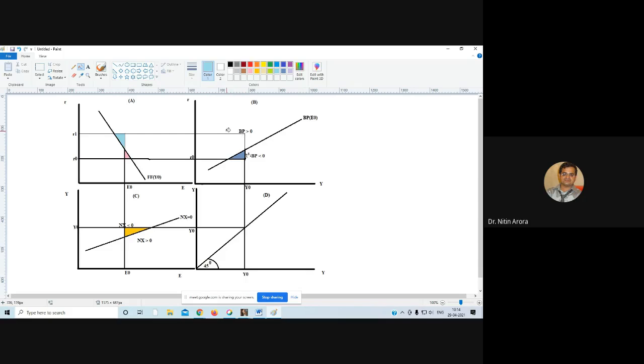So we are in the area to the left of the BP curve.